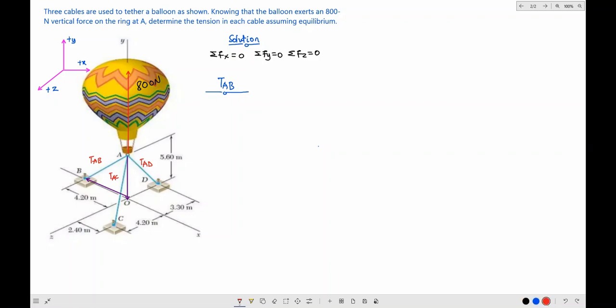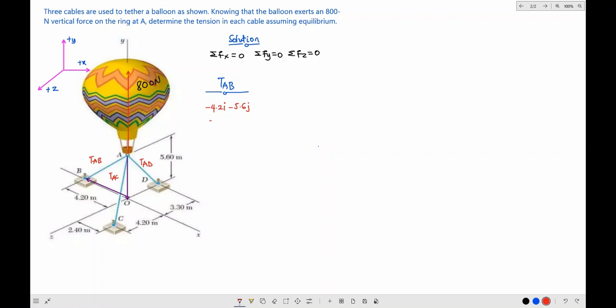We move minus 4.2 meters in the x-axis direction, and minus 5.6 in the y-axis direction. That will be the position vector.